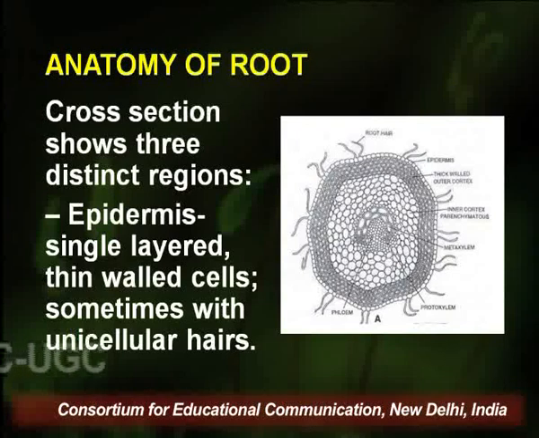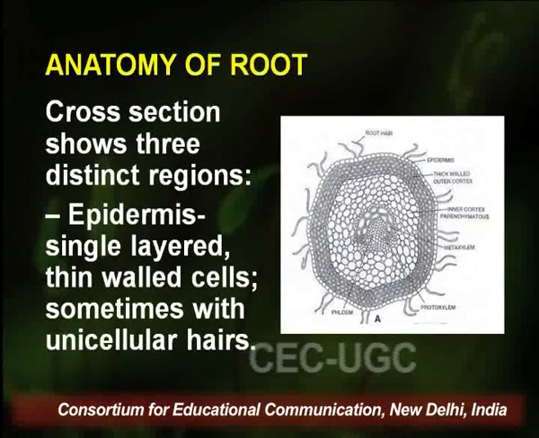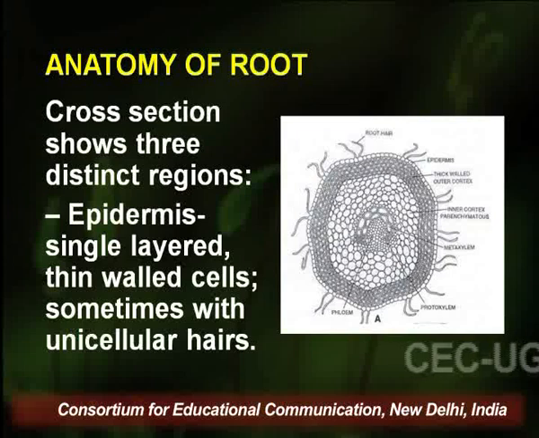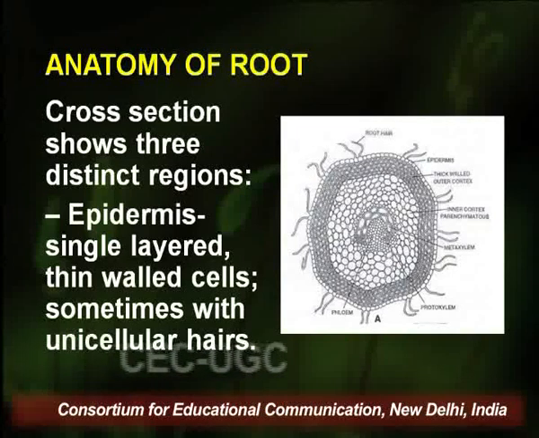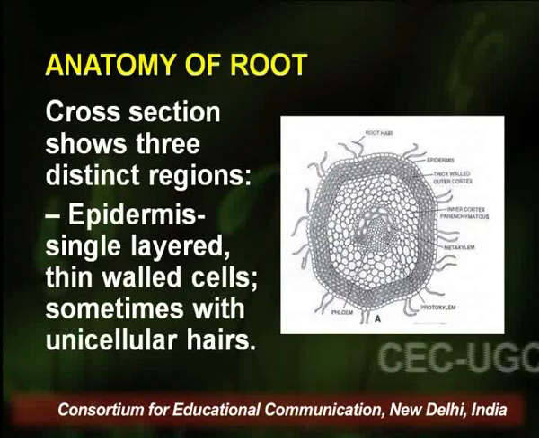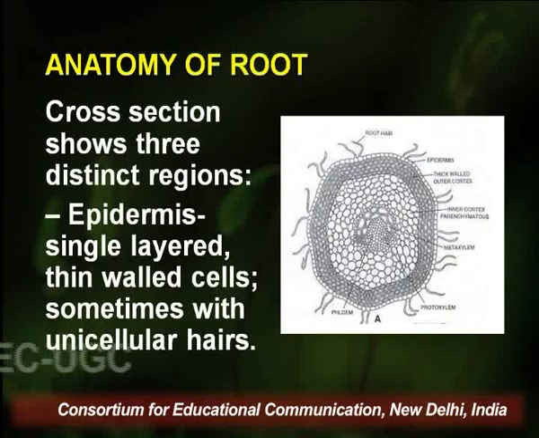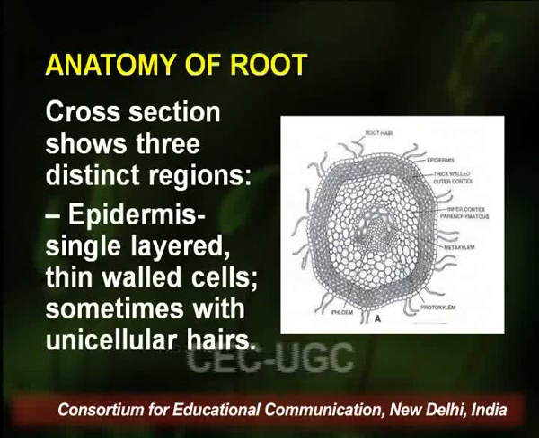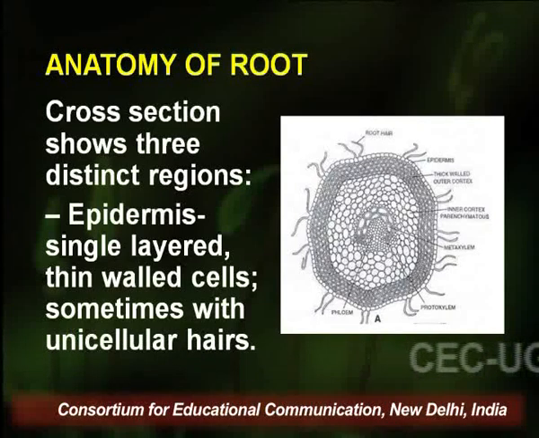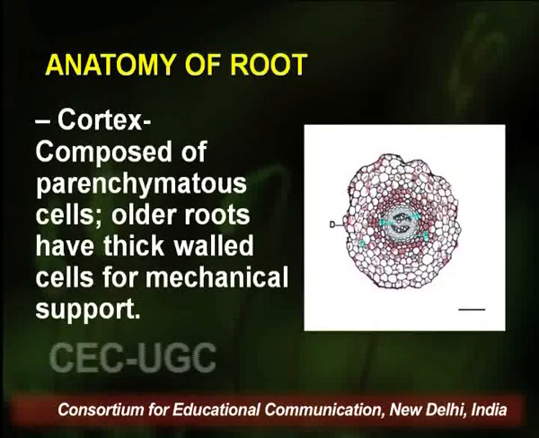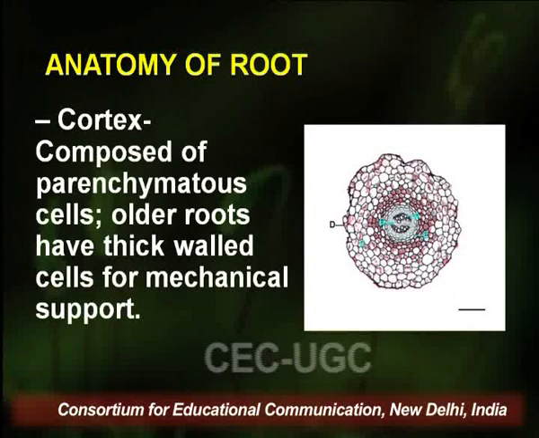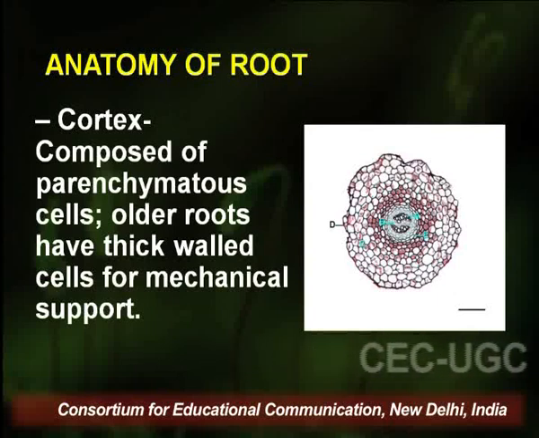The epidermal cell, which is destined to give rise to root hair, divides anticlinally or periclinally, and each of these cells gives rise to unicellular elongated root hairs.